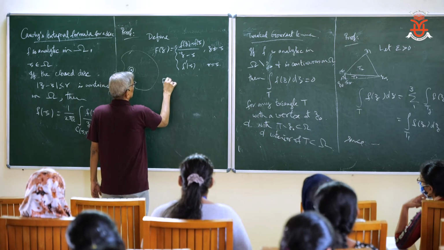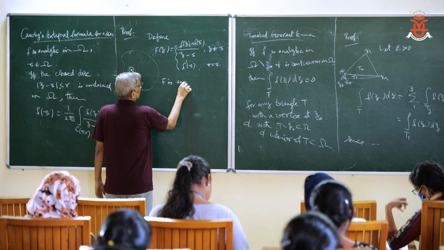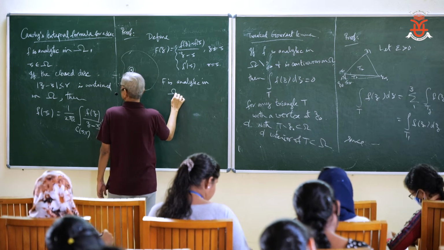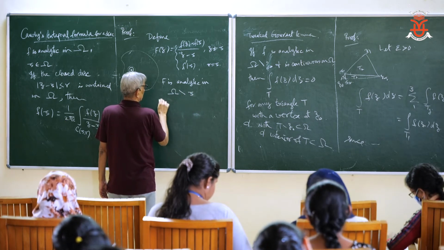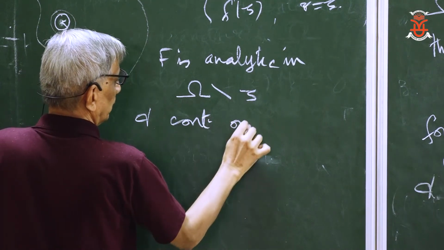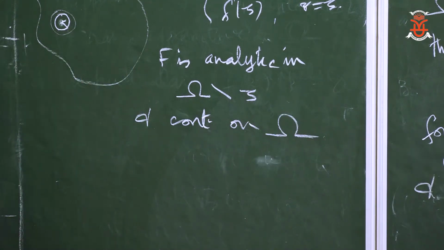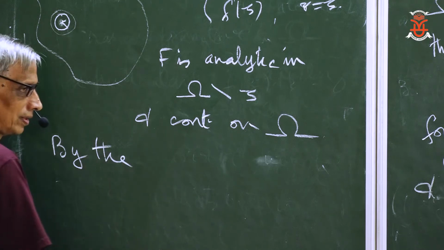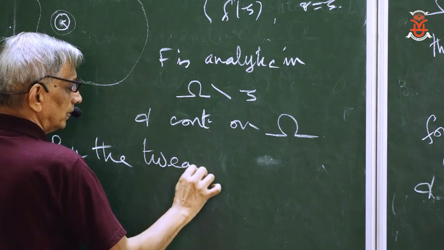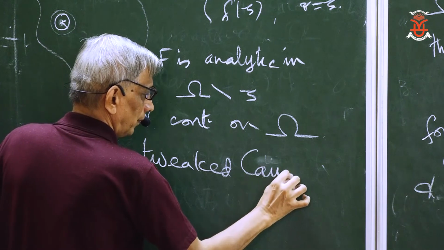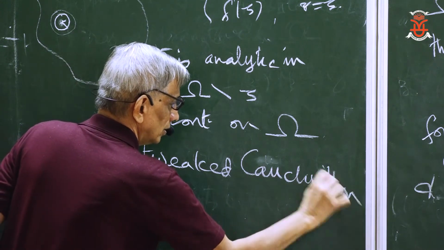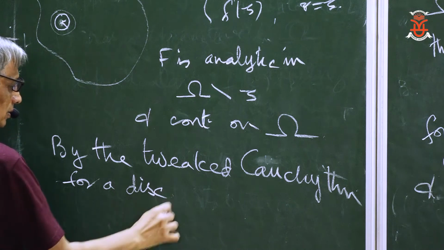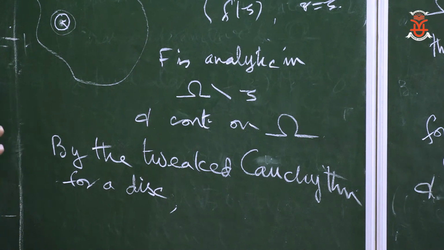So F is analytic in omega minus zeta, and continuous on omega. So by the tweaked or improved Cauchy theorem for a disk, so what is the disk that you are looking at?